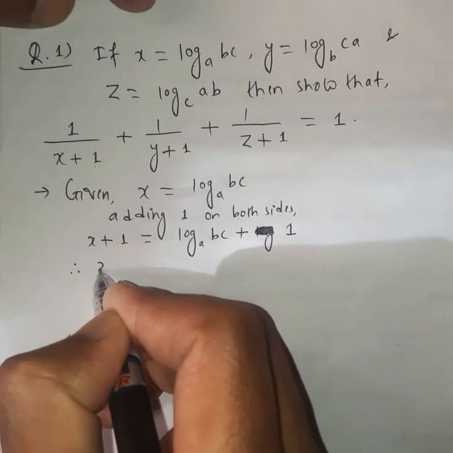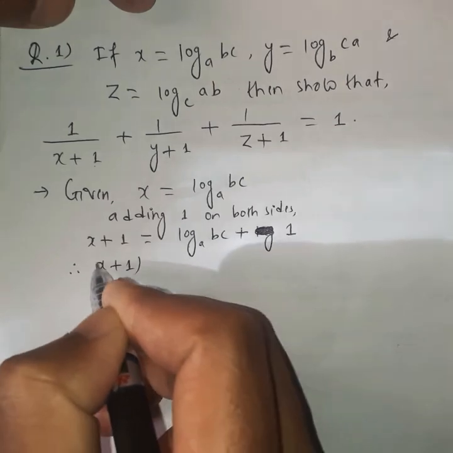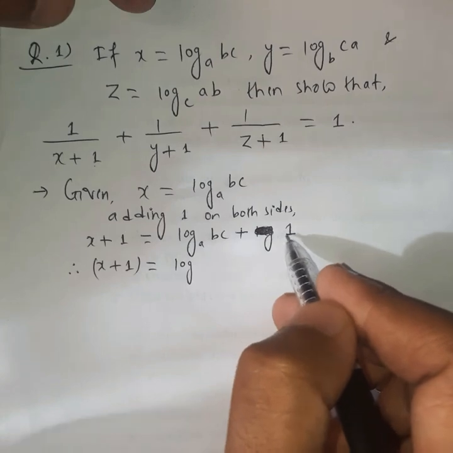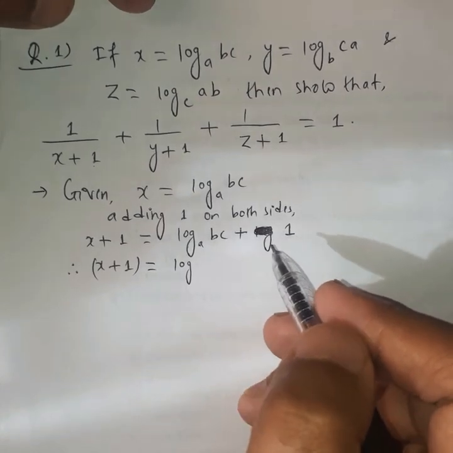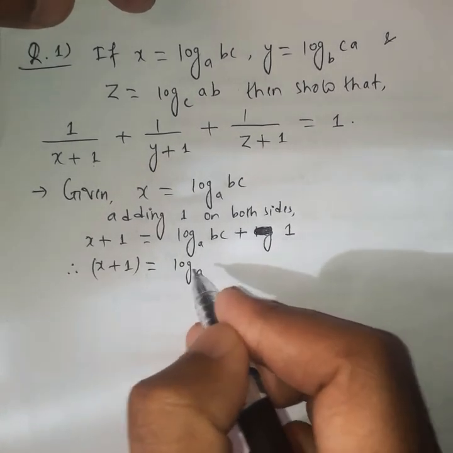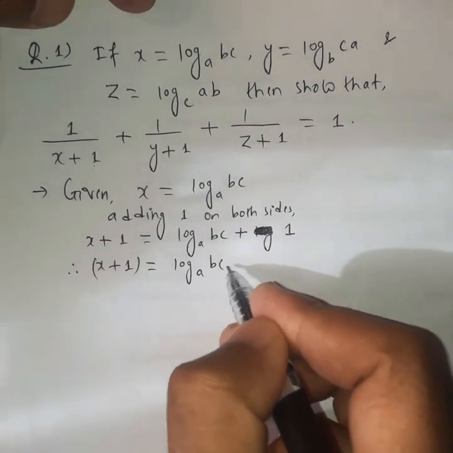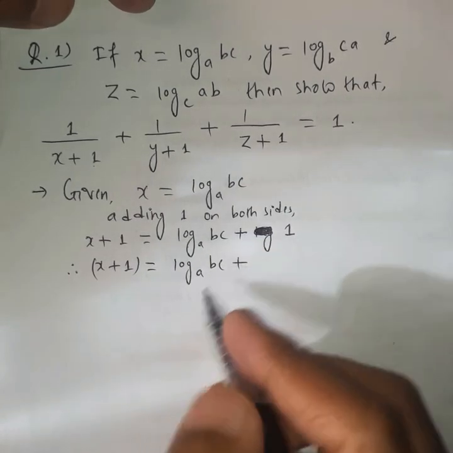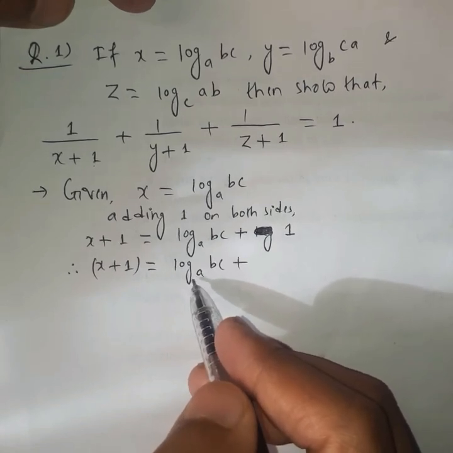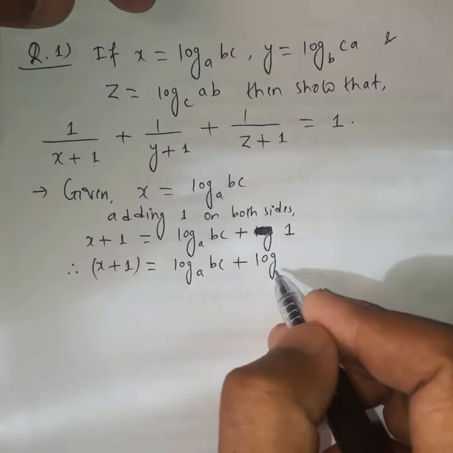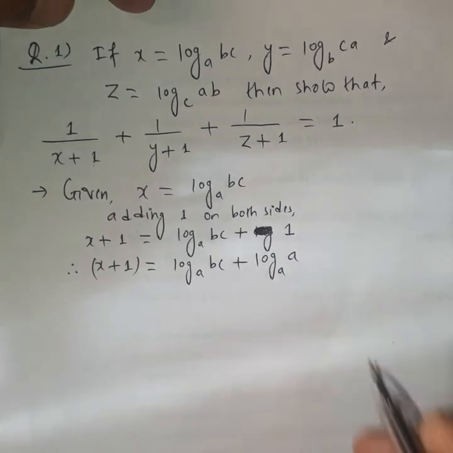Then the value of x plus 1 will be: the number 1 can be written in terms of the logarithm with base a, as log with base a of the same number a.